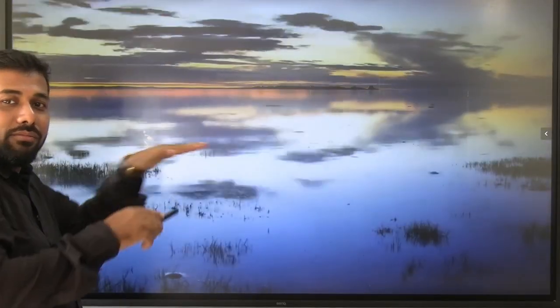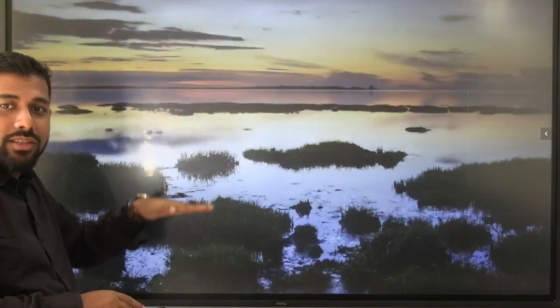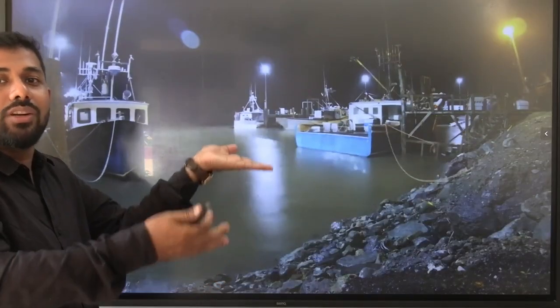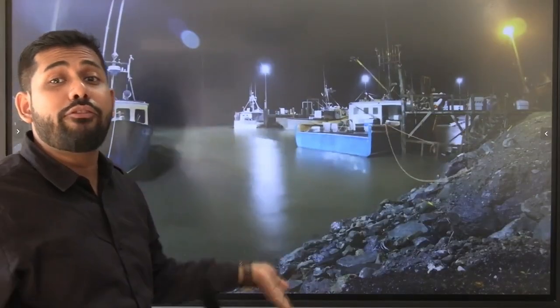Can you see here the level is filled with water, but now all the water level has gone down. Can you see there was no water earlier, but now so much water has come up that it has overall filled up this whole area. So there is a change in the dynamics of ocean water level, wherein we are observing that water level at times goes up and at the same time it often comes down. So what is this situation? This is the situation which we call either high tide situation or low tide situation.